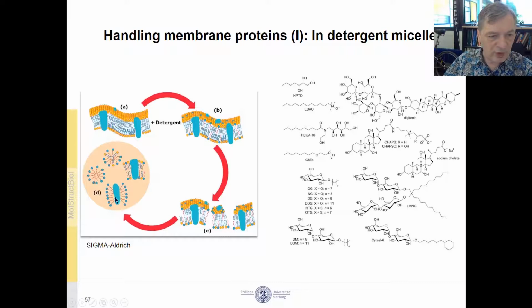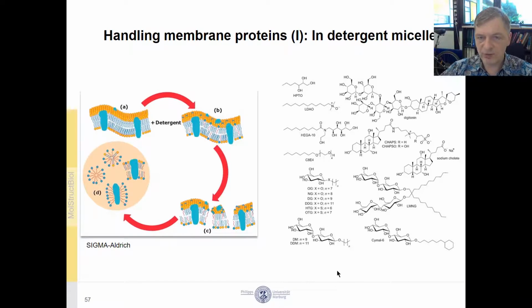And of course, when purifying membrane proteins, heterogeneity is a problem, because sometimes they're not completely solubilized. There are some lipids attached, you have a lot of empty micelles or some micelles with some lipids in them, and to get a homogeneous preparation is pretty difficult. Here on the right-hand side, you see the kind of chemical diversity that is nowadays used in structural biology to purify membrane proteins, and this is a never-ending list of detergents.